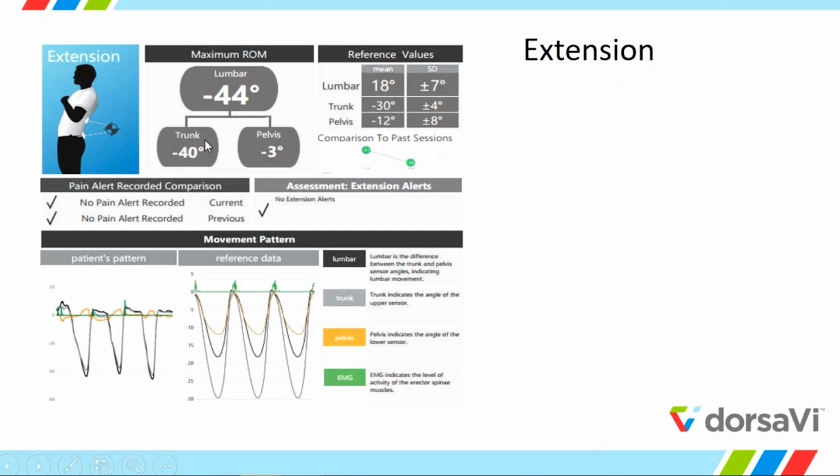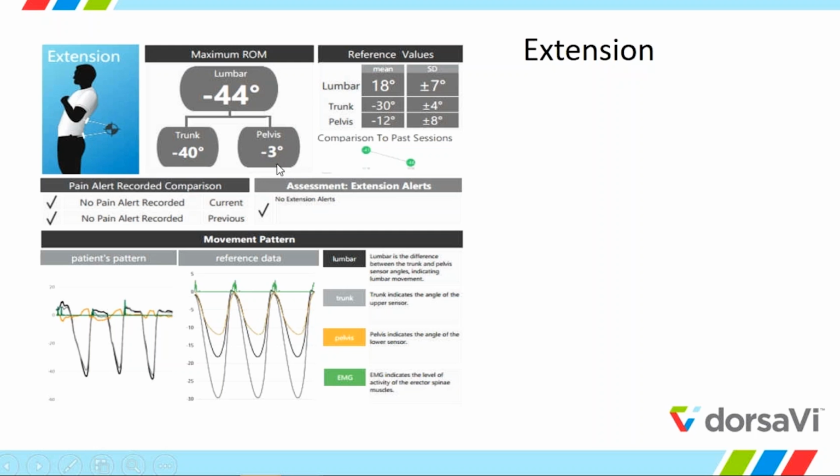The pelvic sensor went into -3, which is it extended 3 degrees, and so the difference between that is 44. And you can see that in the reference values, the pelvic should move into -12. So I was getting a lot of my motion from my lumbar spine because my pelvis really didn't move that much. So we can see that it's confirmed down here at the bottom left.